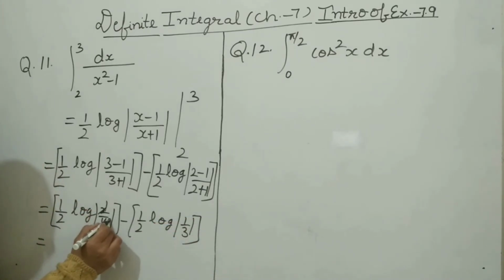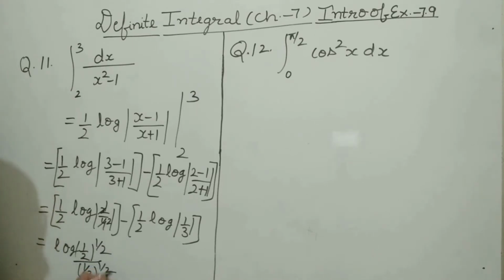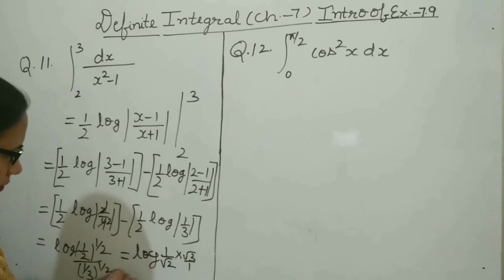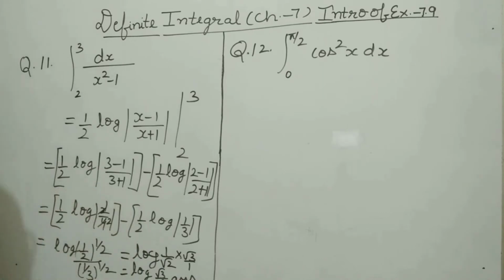So on further solving, your answer comes out to be log of, take this half in the power of log, upon 1 by 3 to the power half, or you can take it in the form of root, log of 1 by root 2 into root 3 by 1. So answer is your log of root 3 by root 2 for question number 11.